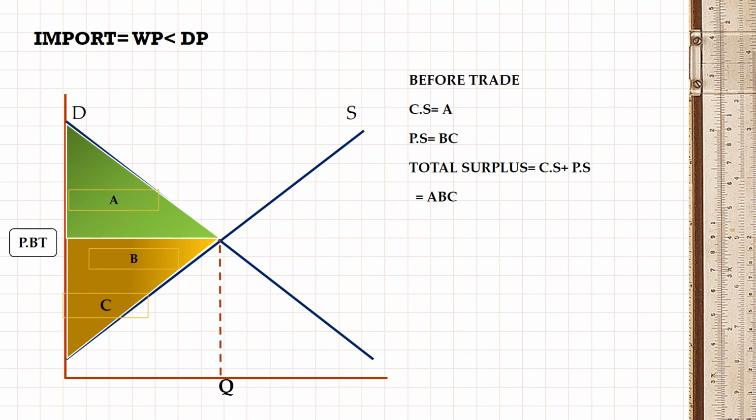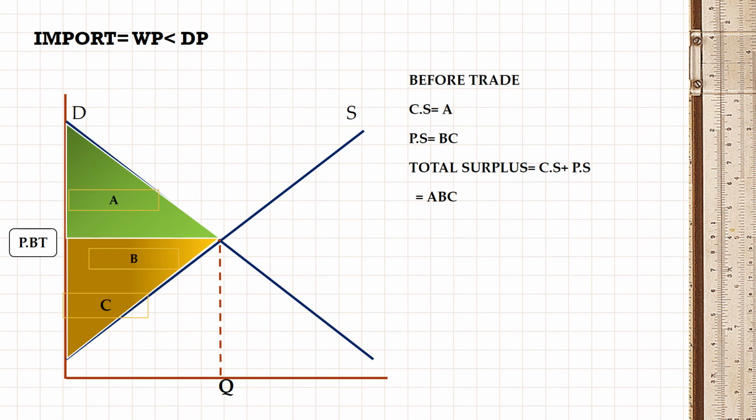So initially when you're not trading, we're at the market equilibrium point where your domestic price is PBT, that is price before trade, and we actually measure consumer and producer surplus because that's how we know the total welfare of the country. Is it a good decision or bad decision? Which group loses and which group gains?